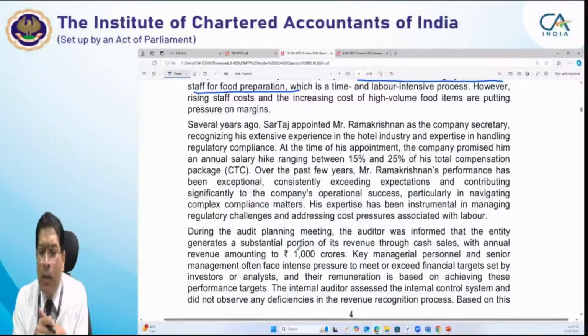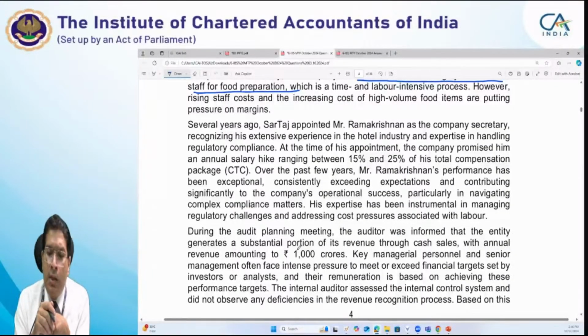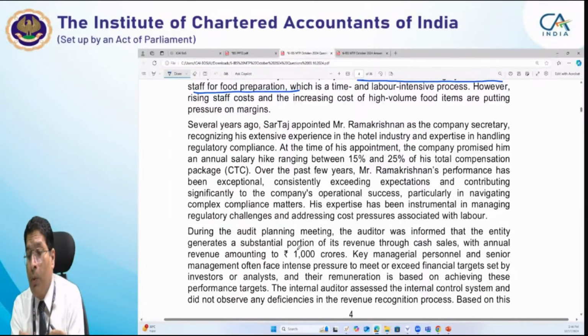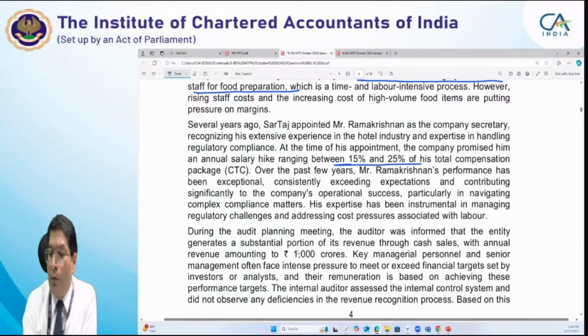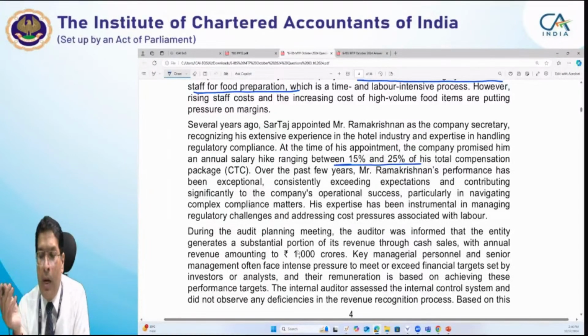Several years ago, Sartaj appointed Mr. Ramkrishnan as the company secretary, recognizing his extensive experience in the hotel industry and expertise in handling regulatory compliances. At the time of his appointment, the company promised him a salary hike between 15 and 25% of his annual compensation package.